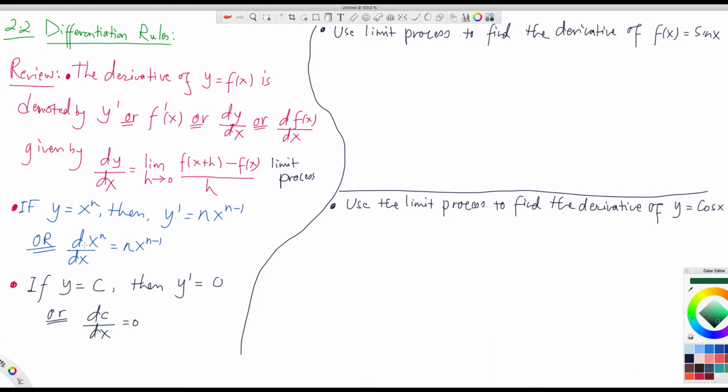Or you can write d x to the n over dx, exactly the same thing with different notation, equals n x to the n minus 1.